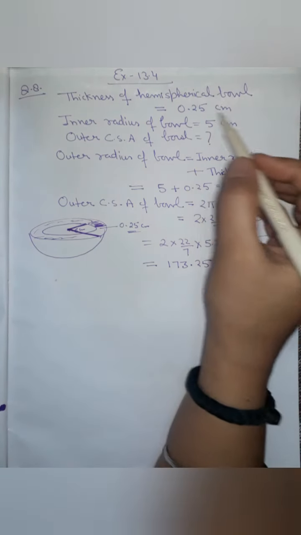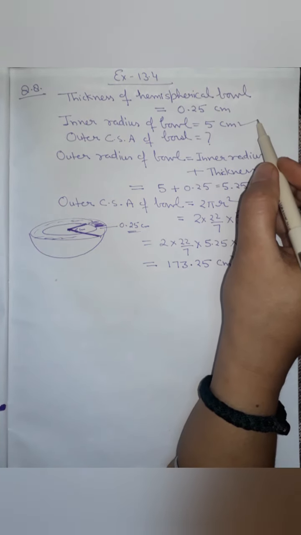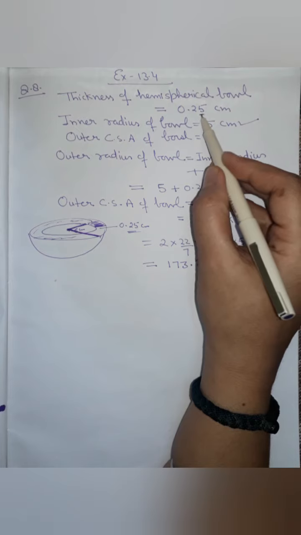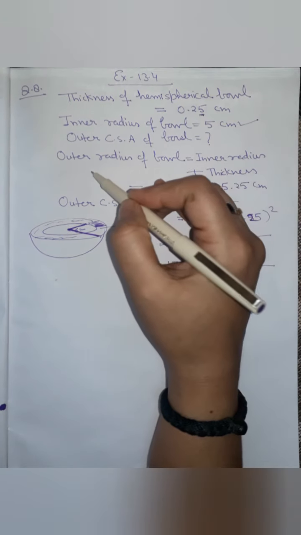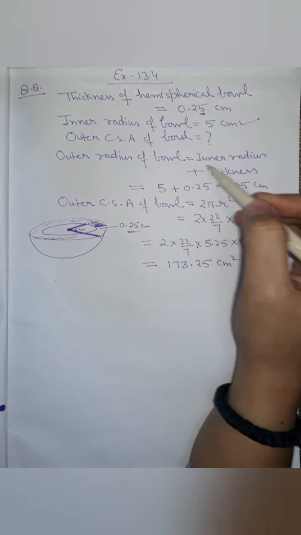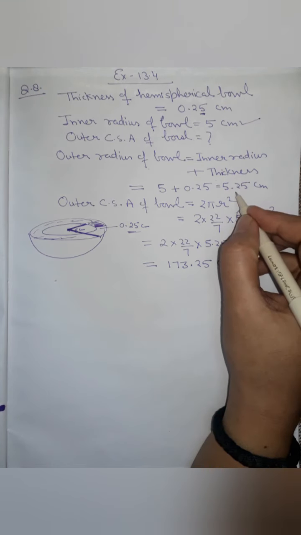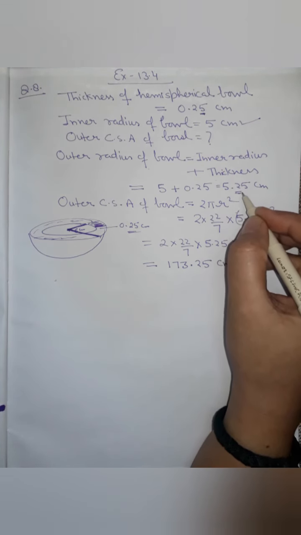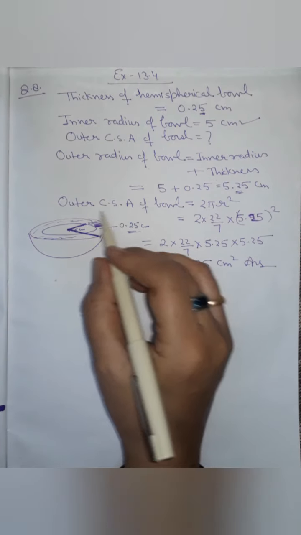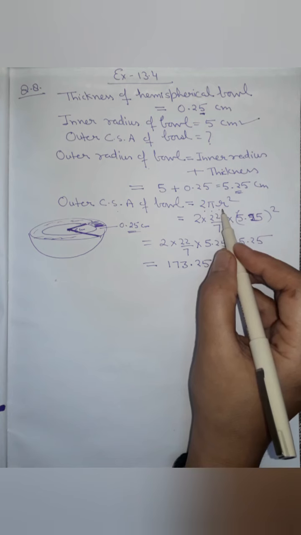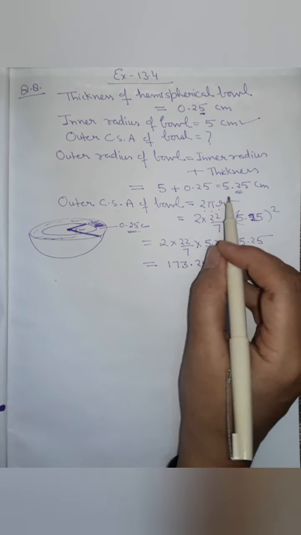So inner radius is given 5 centimeter, thickness of hemispherical bowl is given 0.25 centimeter. For outer radius of the wall, we will do inner radius plus thickness, that is the outer radius of the bowl.